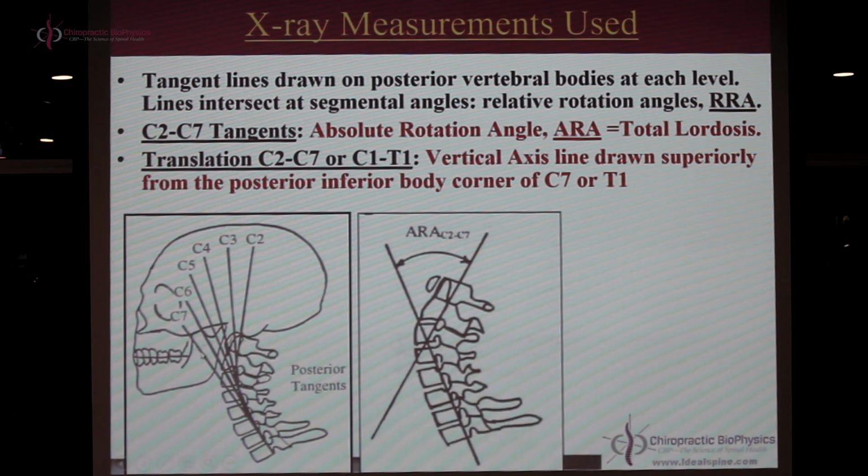For example, these two lines on the back of 6 and 7 in my lower neck, that gives me the segmental angle from C6 to C7. Here's 5-6, here's 4-5, here's 3-4, here's C2, C3. These angles add up to the total angle. We've measured both of them in this particular project. By both, I mean the segmental angles and the total angle of curvature.